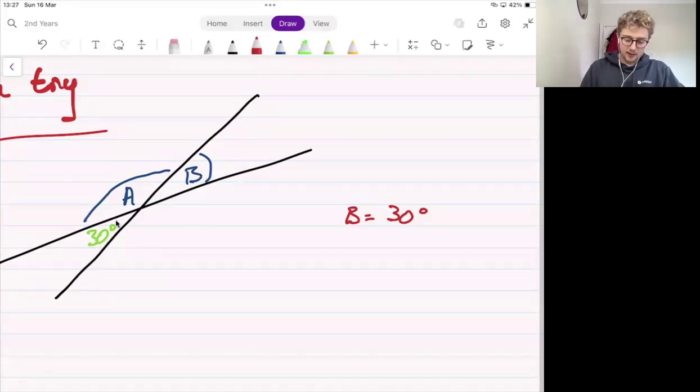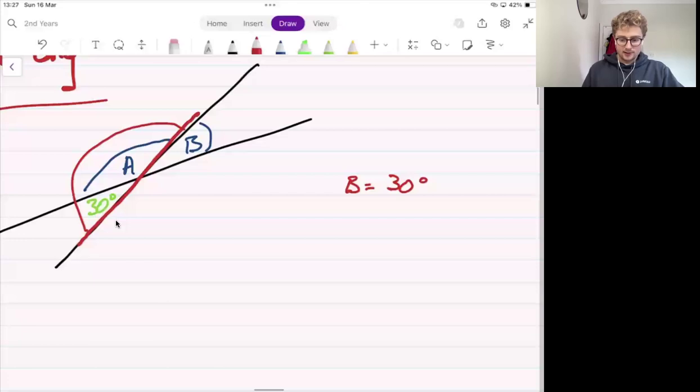So to find the angle A now, I can say that this is a straight line. That's a straight line, meaning that this whole fella has an angle of 180 degrees. That angle of 180 degrees is made up of the 30-degree angle plus the angle that I'm looking for, which is the angle A. 180 minus 30 is 150.